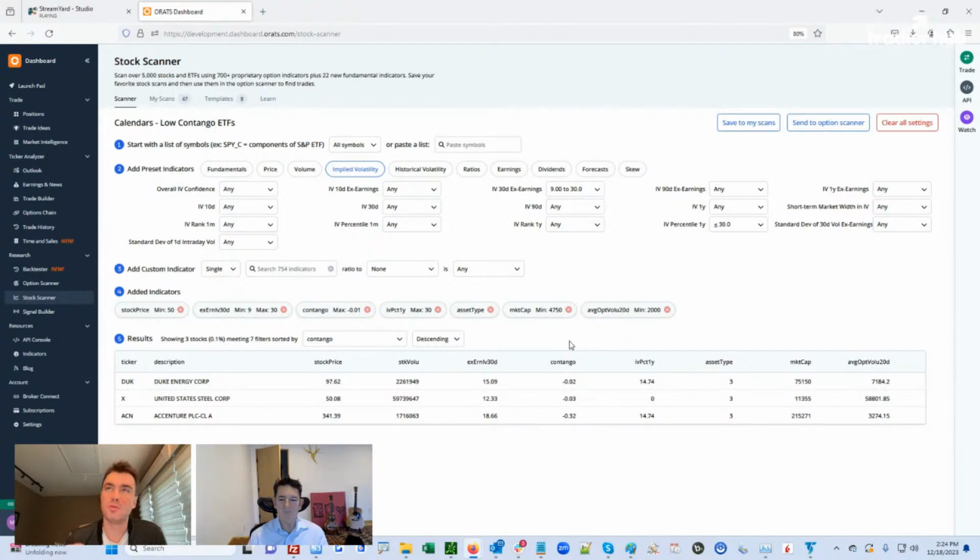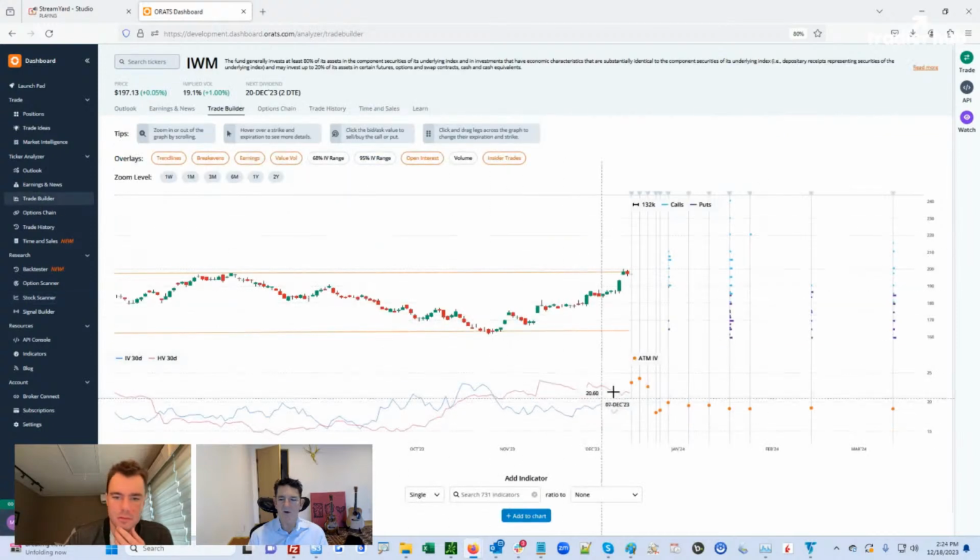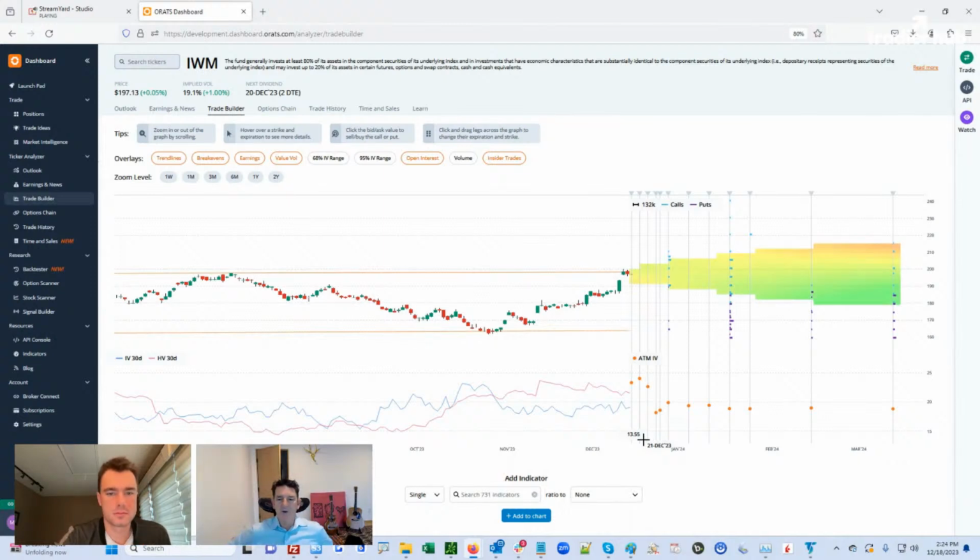You'd probably find more when the volatility is higher. A lot of stocks would have lower contango. Yeah, absolutely. When the volatility comes down, the front months really go first. When it slows down, that's where the volatility is felt first.